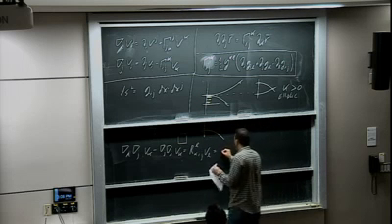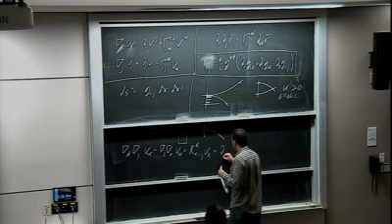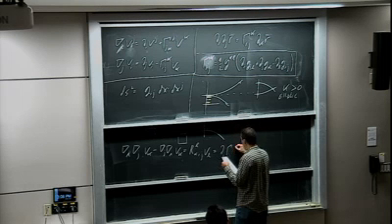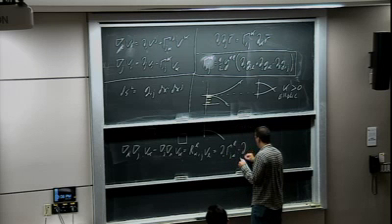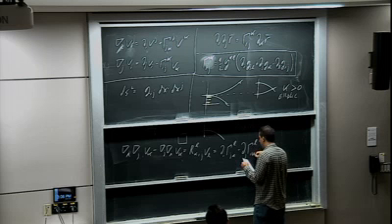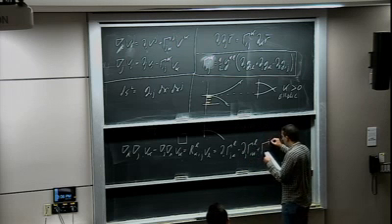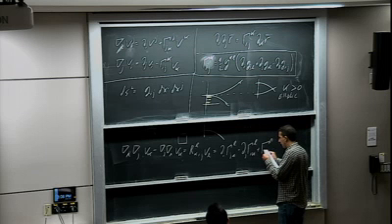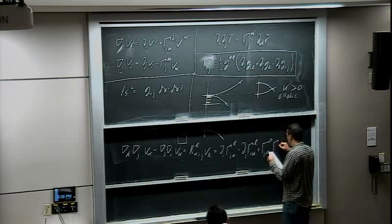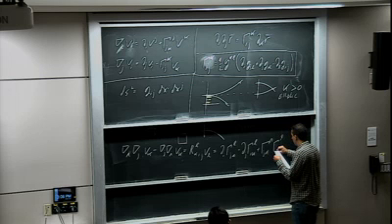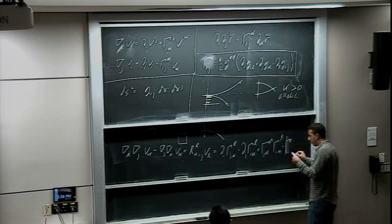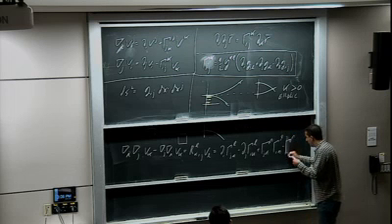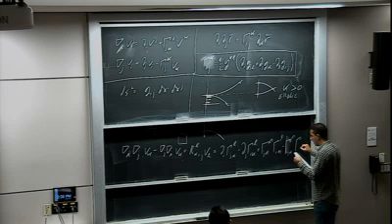It's a bit boring, but when you do it, you get ∂_i Γ^l_jk minus ∂_j Γ^l_ik plus Γ^n_jk Γ^l_in minus another Γ^n_ik Γ^l_jn.